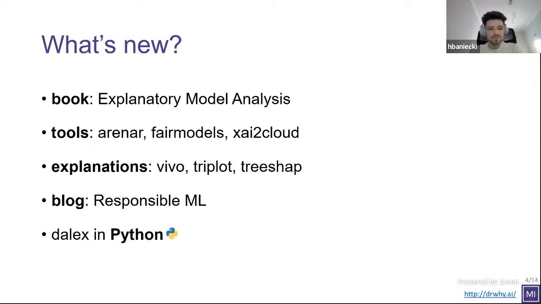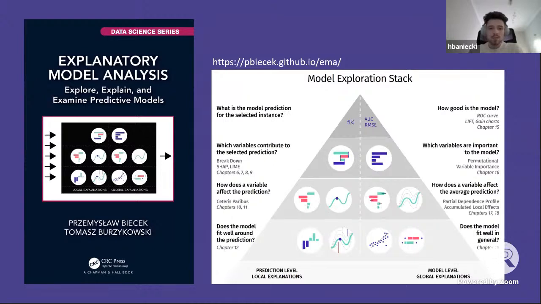Maybe Python. So first, the great step to start your journey in explaining predictive models is a book by Przemysław Biecek and Tomasz Burzykowski, Explanatory Model Analysis. It's available under this URL. There are many model agnostic explanations discussed for local explanations and global explanations on tabular data.